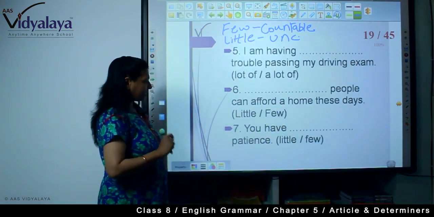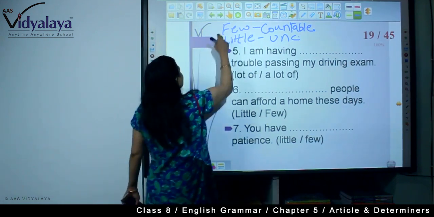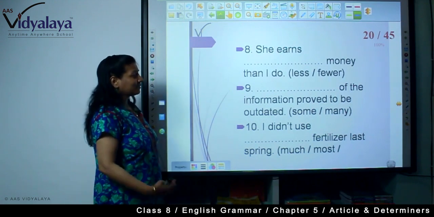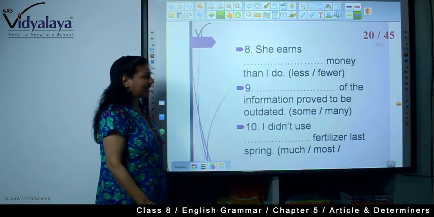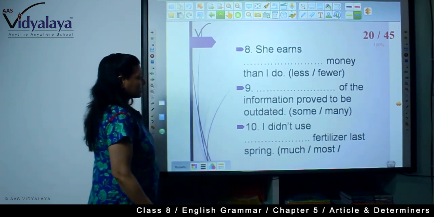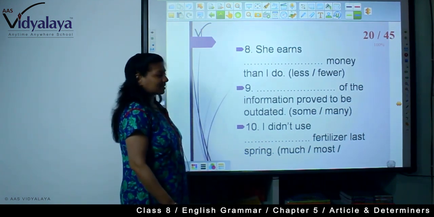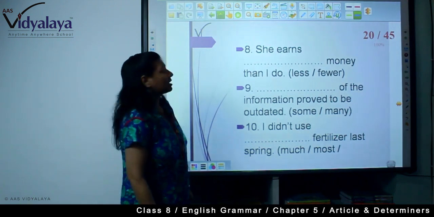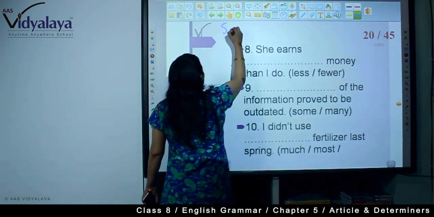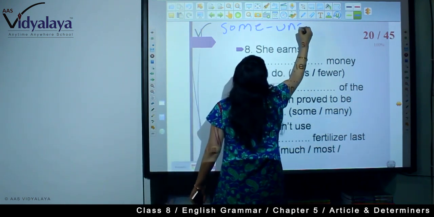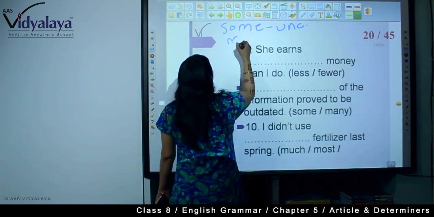You have little or few patience. She earns less or fewer money than I do. Of the information, some or many: some for uncountable, many for countable.